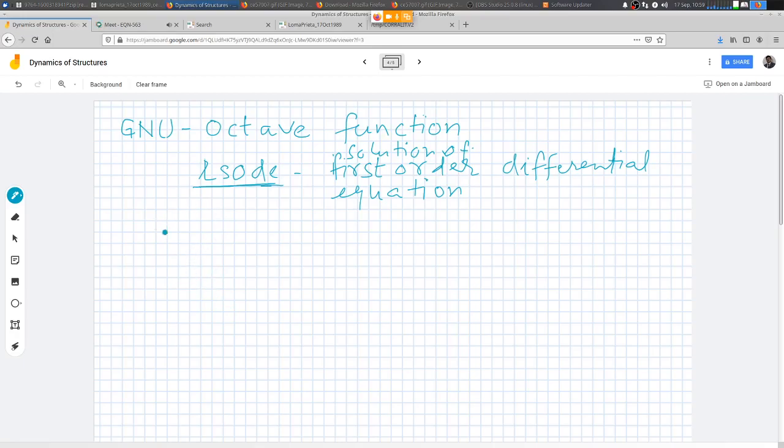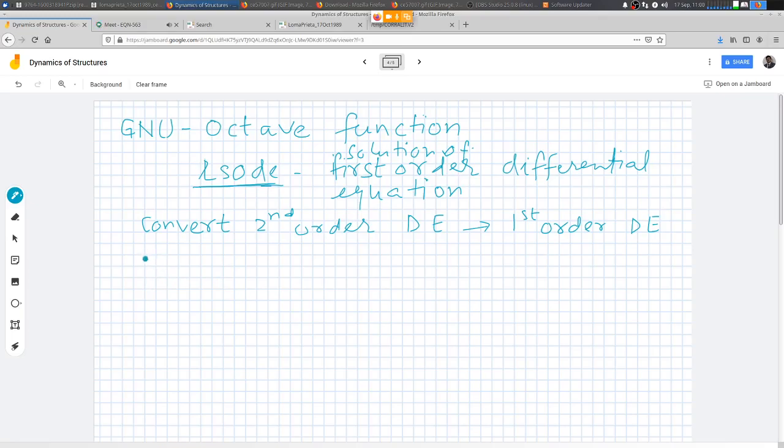The whole idea is you need to convert a second order differential equation into a first order differential equation, right?